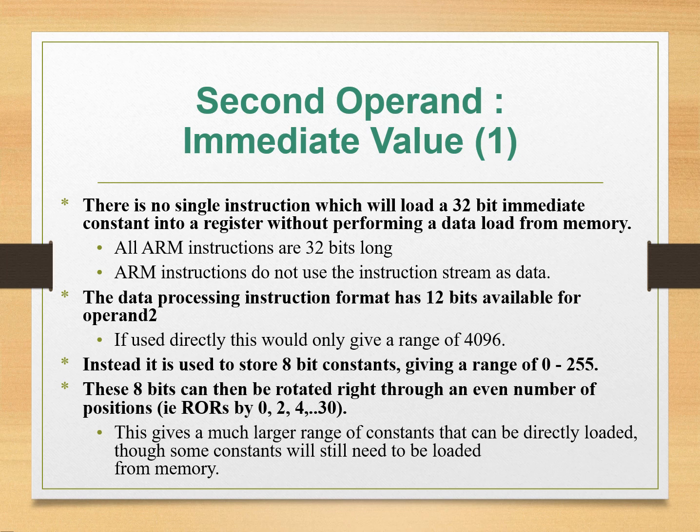Some constants will still need to be loaded from memory. Not all 32-bit constants can use this format. But at least if you use this format, it means that you only require one cycle to execute.